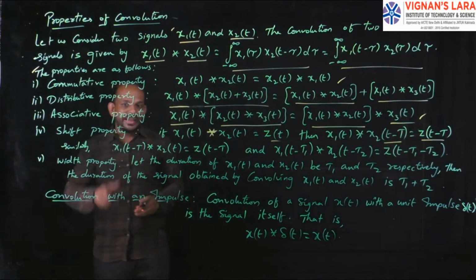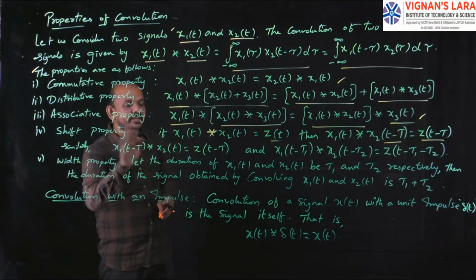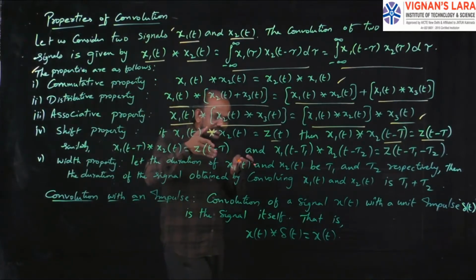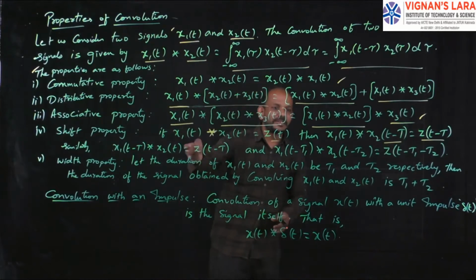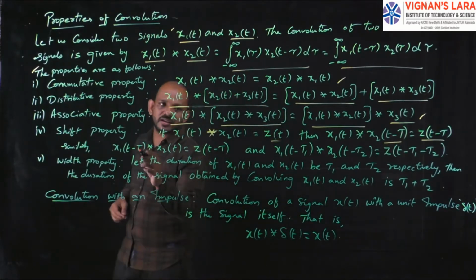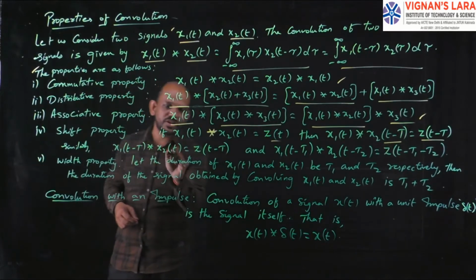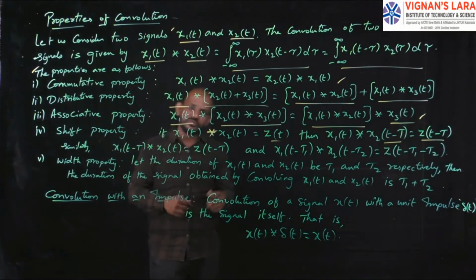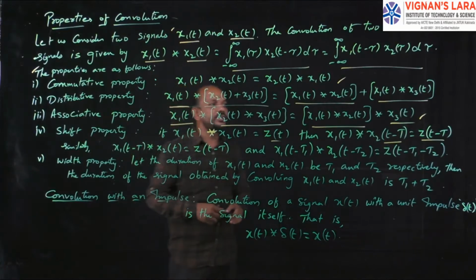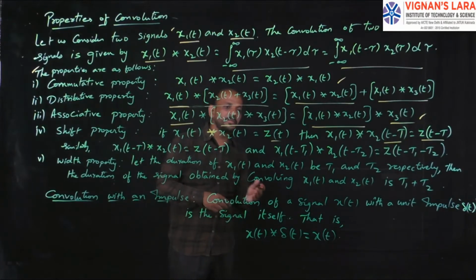Similarly, x1(t − T), that is the first signal, is delayed by capital T seconds, that is shifted by capital T seconds, then x1(t − T) convolution x2(t) will also be equal to z(t − T).